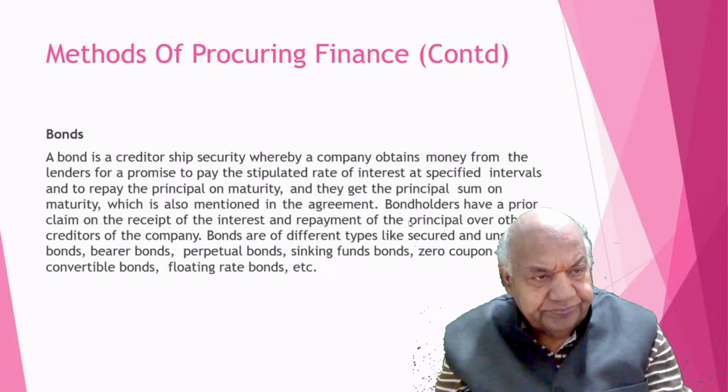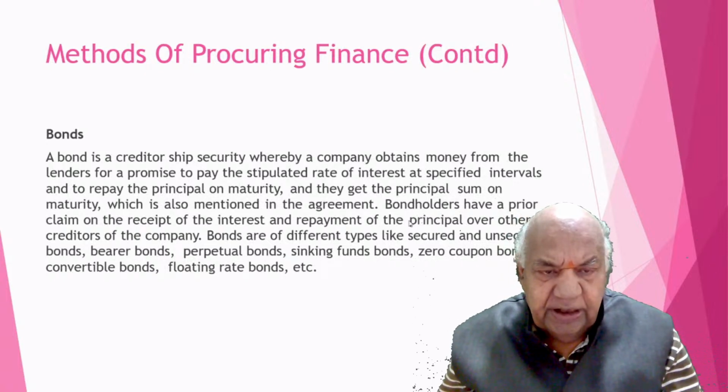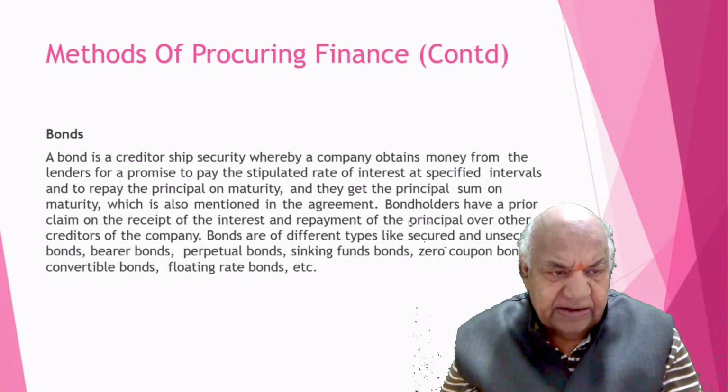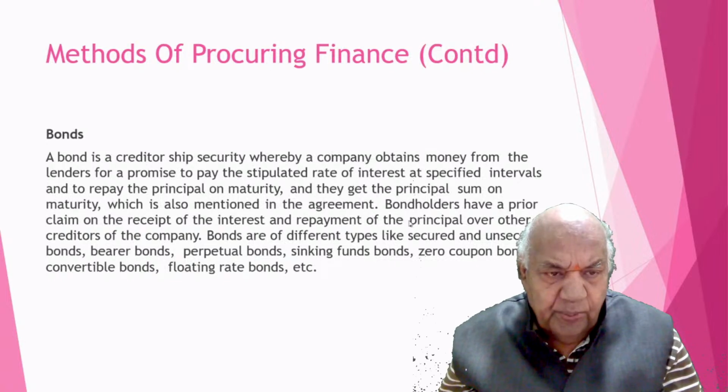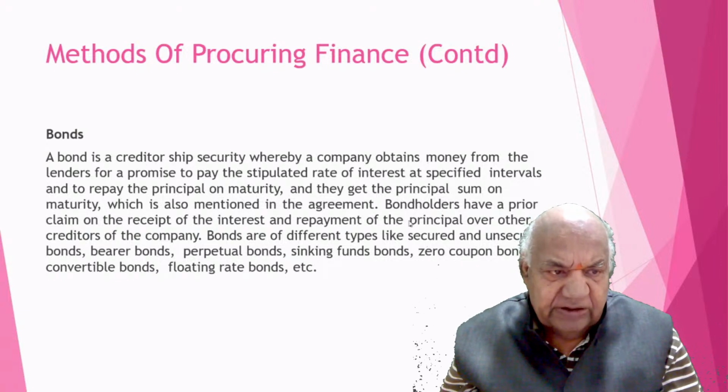Bonds. A bond is a creditorship security whereby a company obtains money from the lenders for a promise to pay the stipulated rate of interest at specified intervals and to repay the principal on maturity.